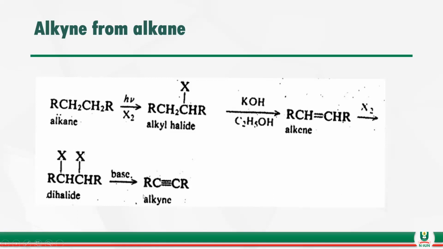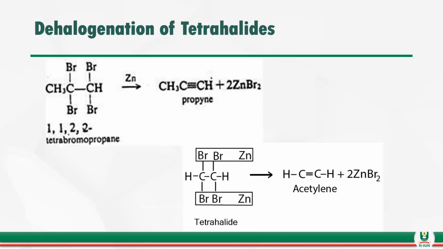Then, let us now take a look at the other method, which is dehalogenation of tetrahalides. I remember I just told you that with zinc, tetrahalides will undergo dehalogenation to form zinc halide. So look at what we have here, 1,1,2,2-tetrabromopropane.